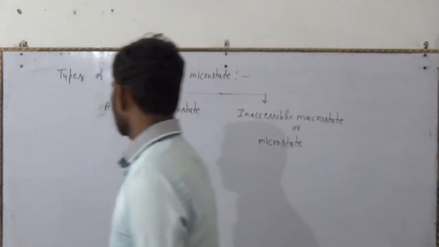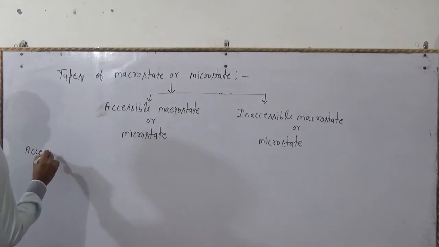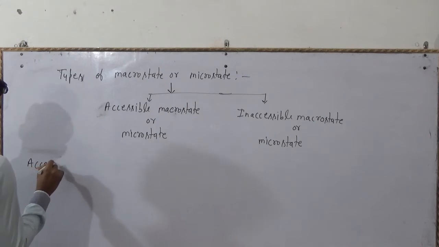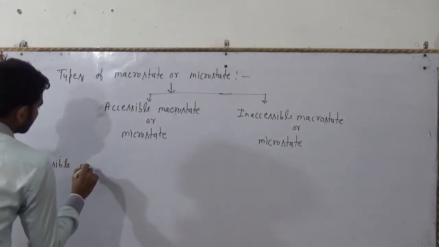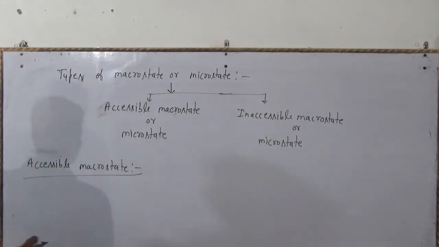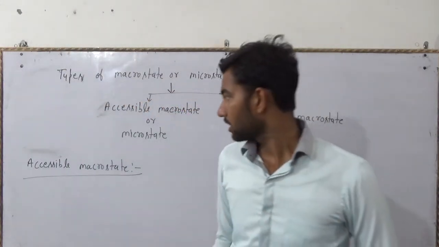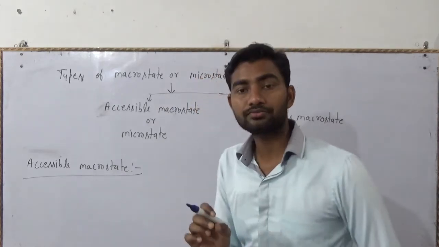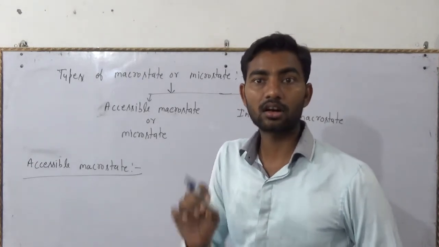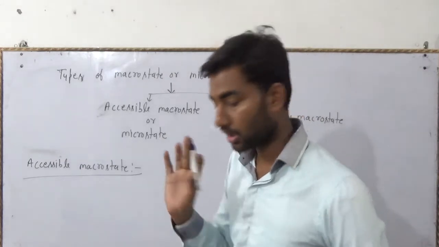Now friends, firstly we will discuss accessible microstate. Firstly we will see the definition of accessible microstate. Friends, microstates which are allowed under constraints are known as accessible microstates.